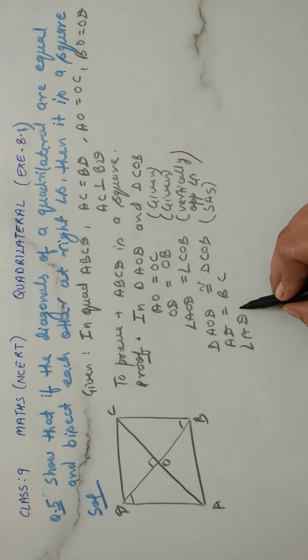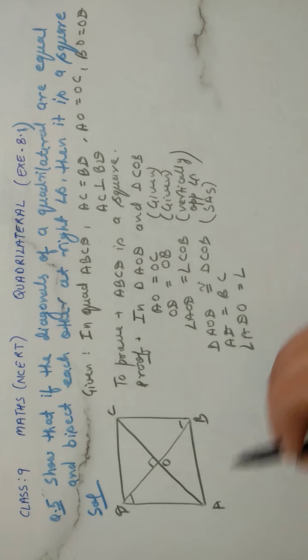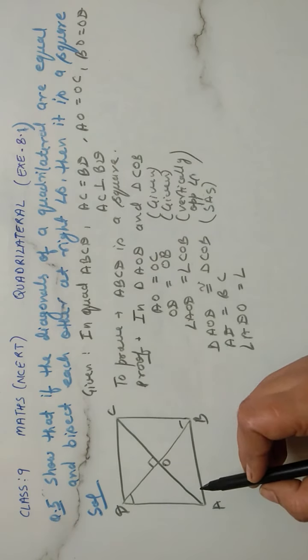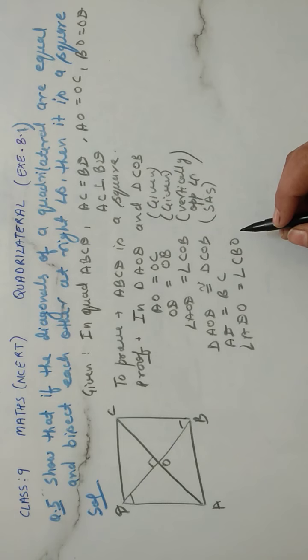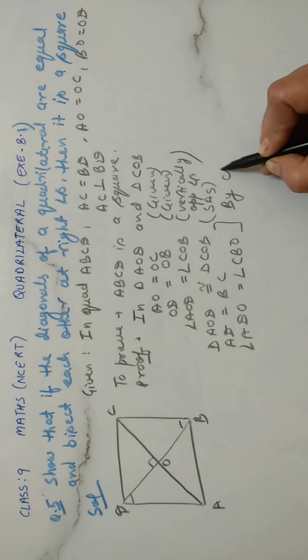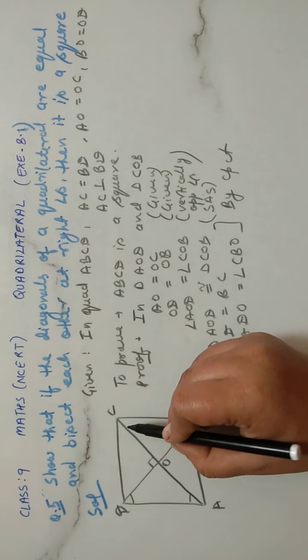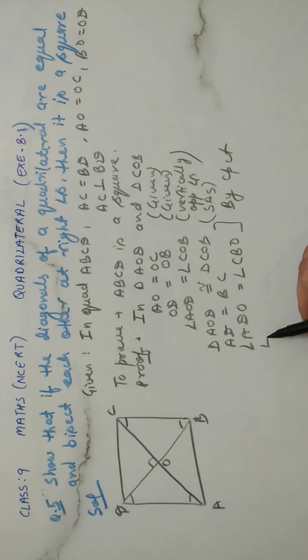So we can take angle ADO is equal to angle CBO. This is our equation by CPCT, and these two angles are also equal. You can say angle OAD is also equal to angle OCB by CPCT. So we have these things, and we can utilize any of them for proving.